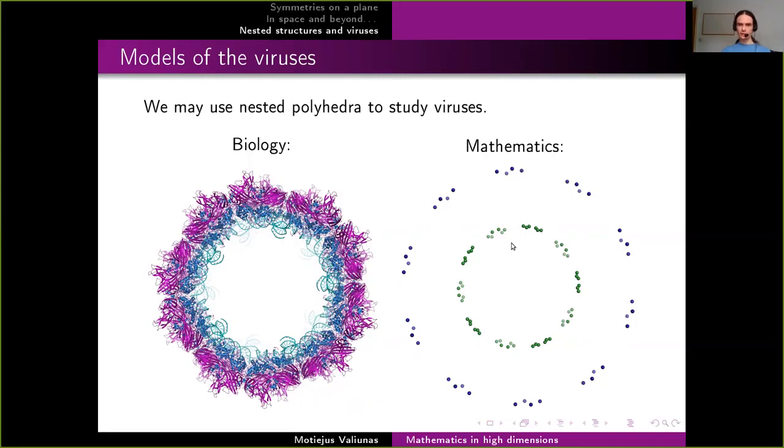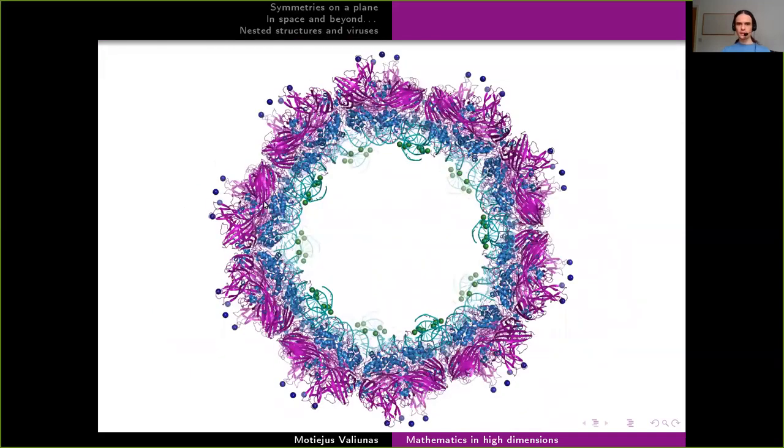And in the nested polyhedra, again, we have two layers. So what we do is try to combine these pictures so that the outer layer in mathematics describes the outer layer in biology, and the inner layer describes the inner layer. When we combine these things, we get a picture like this.